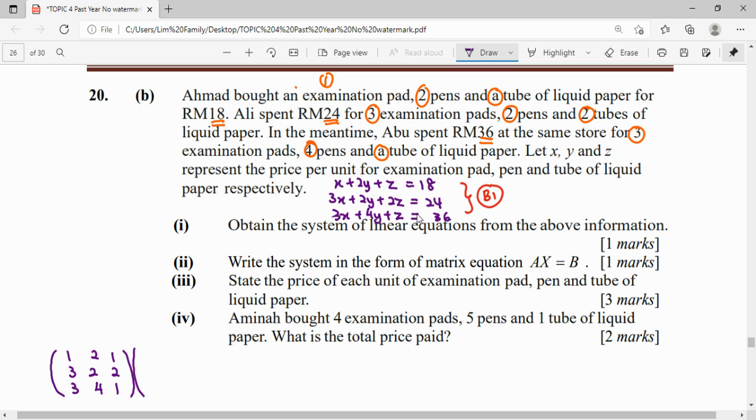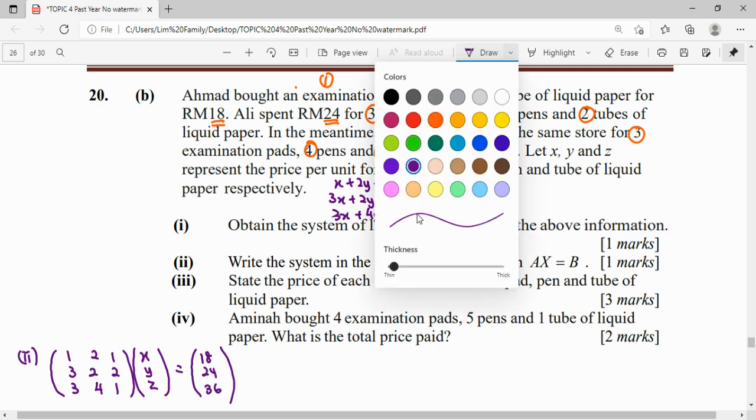And then our unknown matrix here will be X, Y, Z, equals our answer, which is 18, 24, and 36. So this gives us another 1 mark.